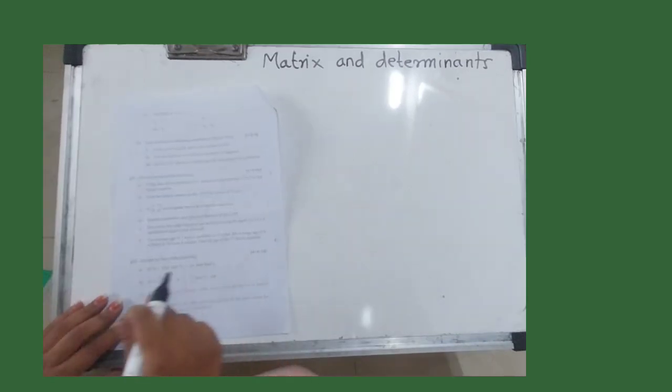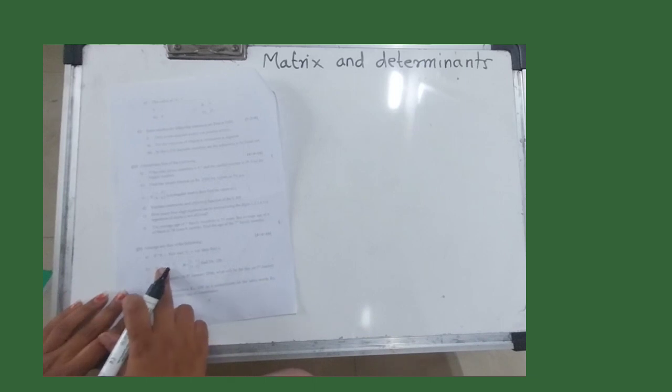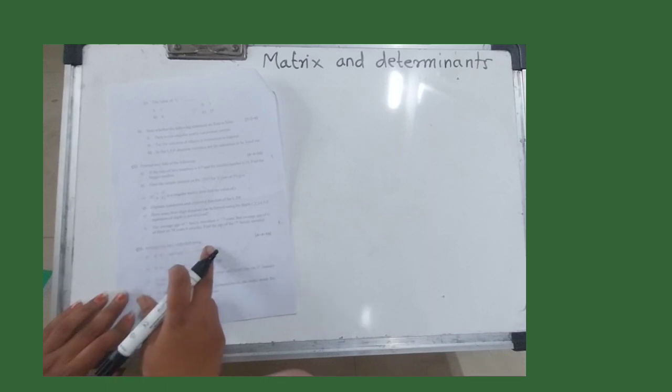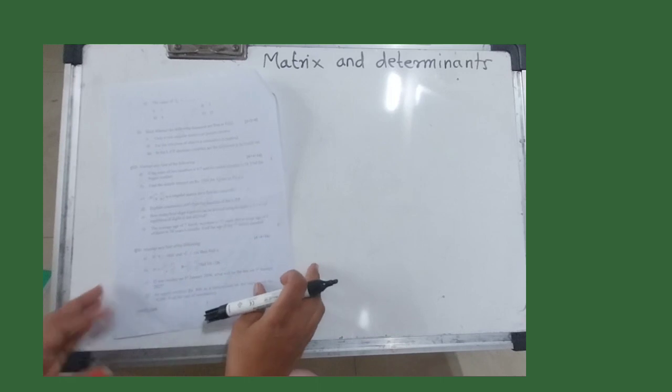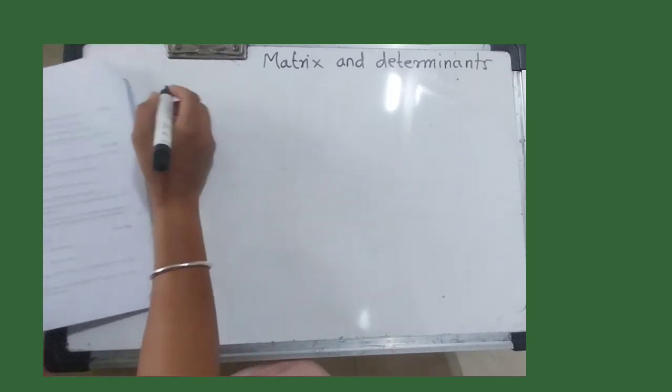See the next question. This one. Question 3. So question 3 is attempt any 4 of the following. In that, second is on matrix. So it is for 4 marks. See what is the question here. I write here.